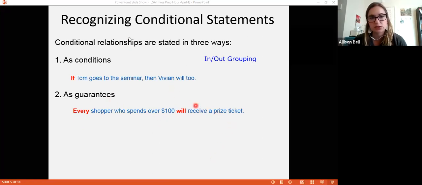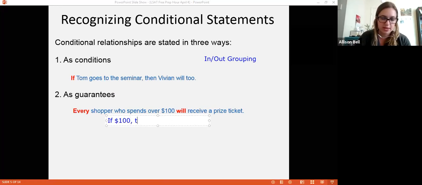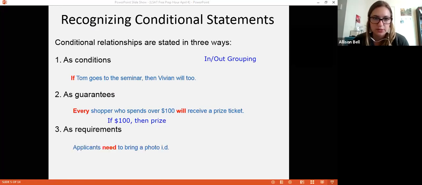I know it's conditional logic because I could turn it into a guaranteed if-then statement. If you spend over $100, then you receive the prize ticket. The language that you see in number 2 is what you're more likely to see in logical reasoning. So less likely to see conditional logic jumping out as this if-then, and more likely to just see some really strong language like every, will, always, that type of thing.